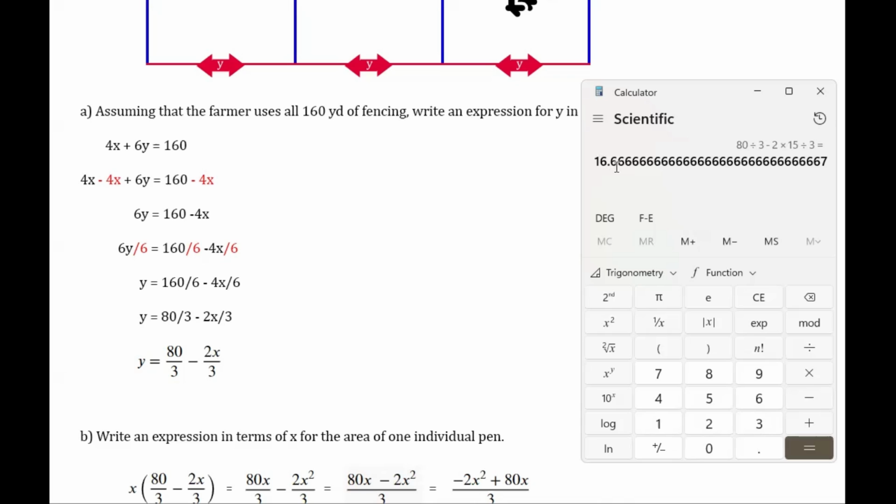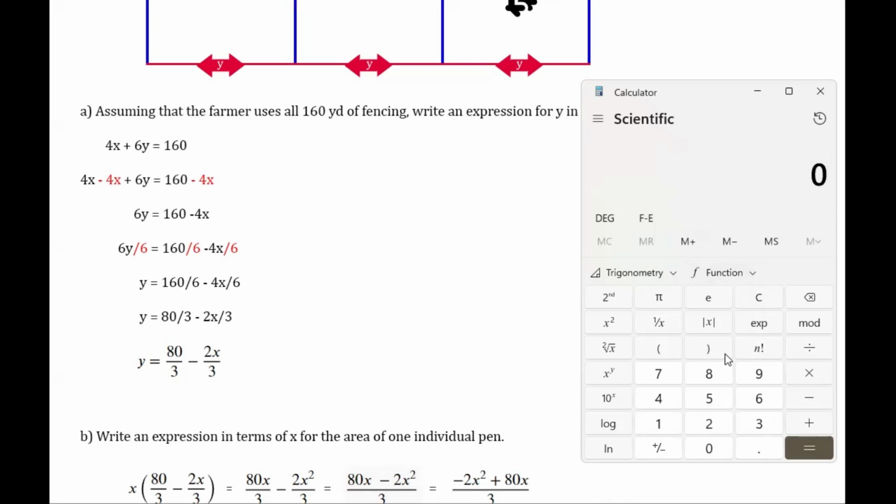If I plug in 15 for x, I get more than 16 for y. I cannot have a bigger y than x. So x cannot be this 15 right here. It doesn't work out. I need to get a smaller y. So it's not going to be the 15.